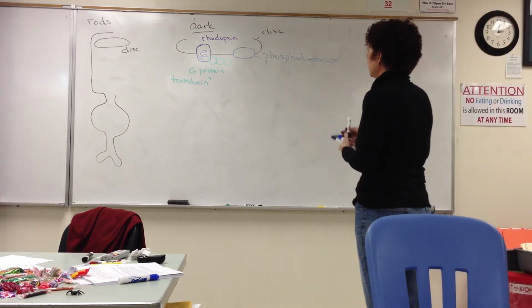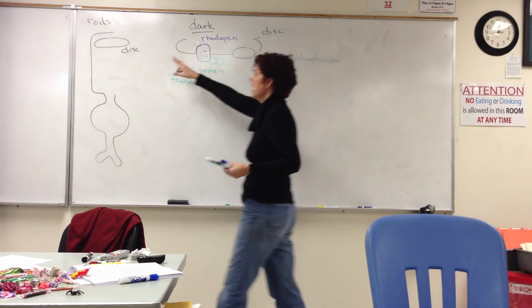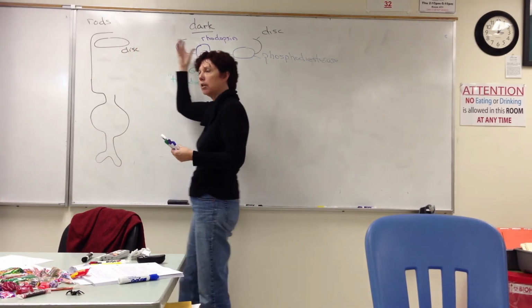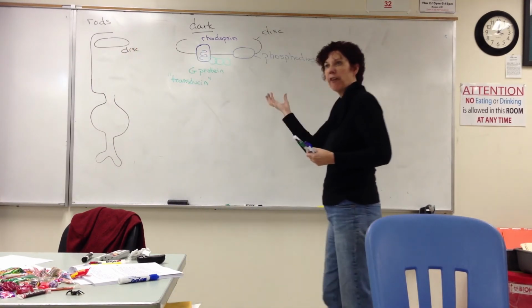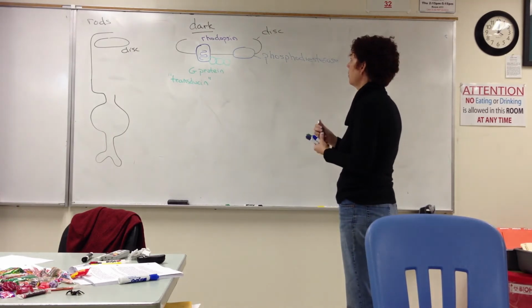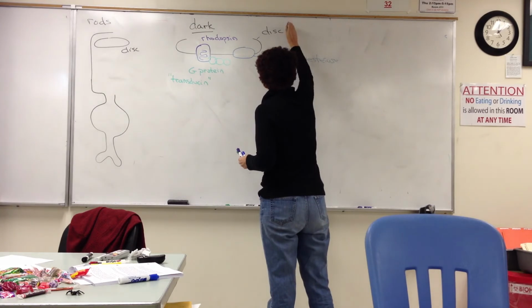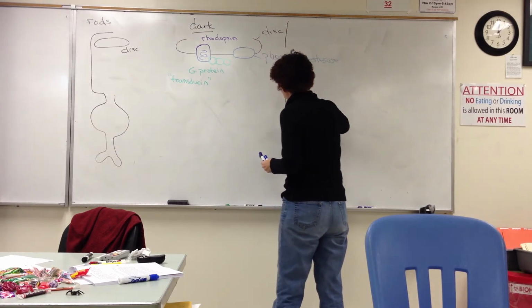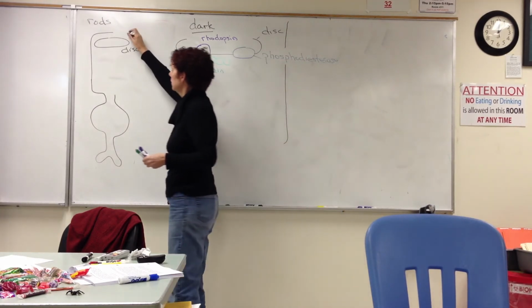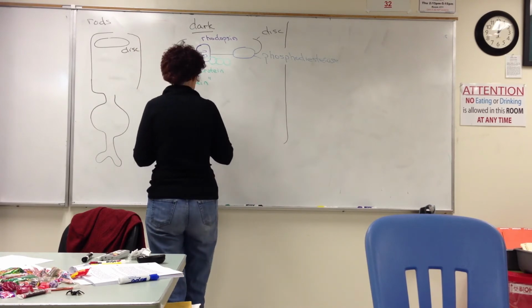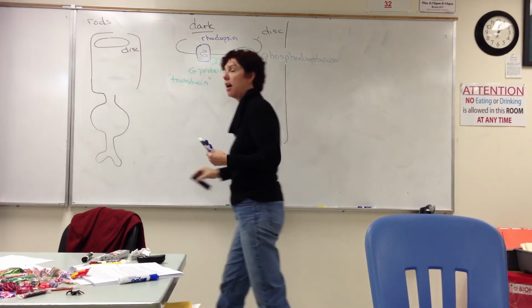All right, so that's what we see in these discs. Just multiple transducins and phosphodiesterase and rhodopsin molecules. So out here will be the plasma membrane, the one I'm drawing out that portion, and it has ion channels.